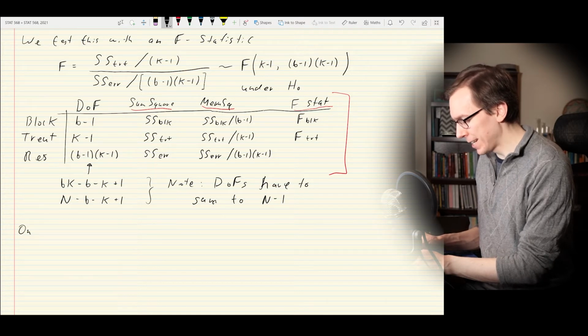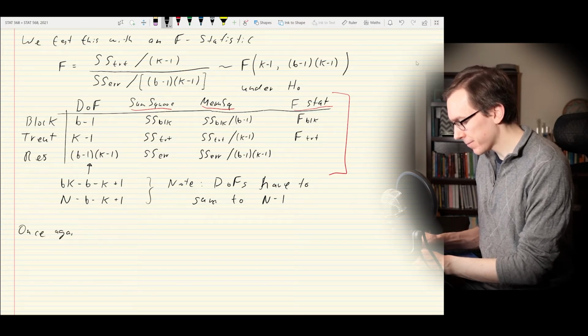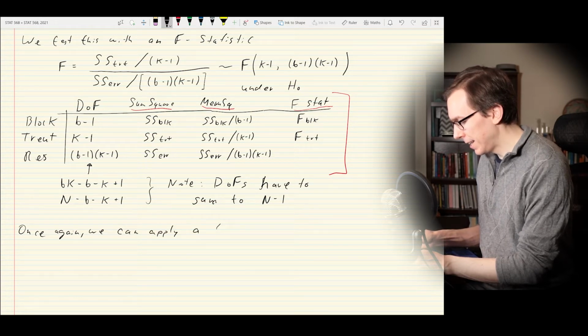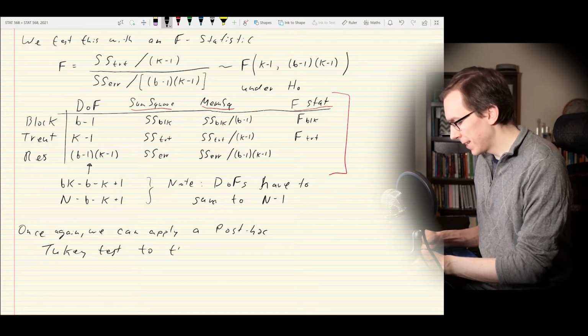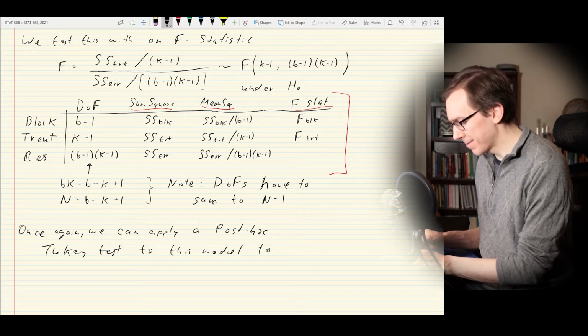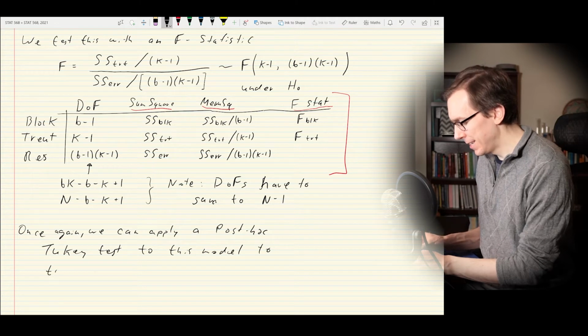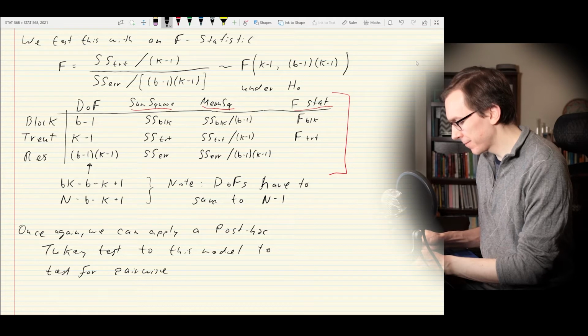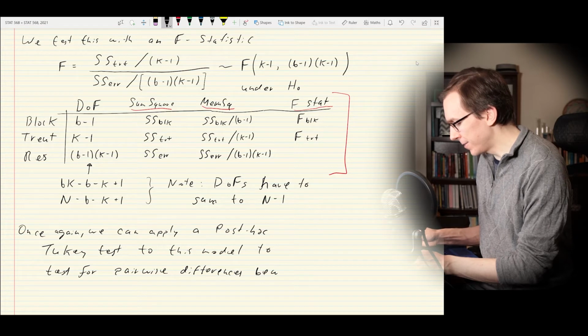So once again, we can apply a post hoc Tukey test to this model to compute confidence intervals, but also test for pairwise differences between factor levels.